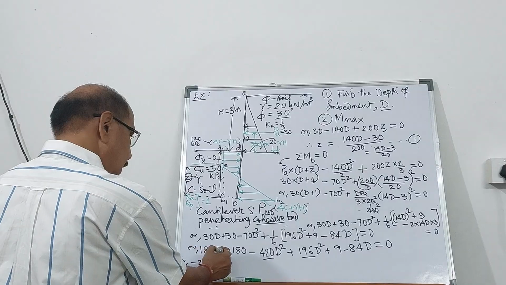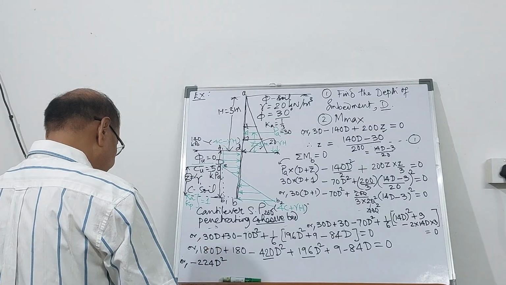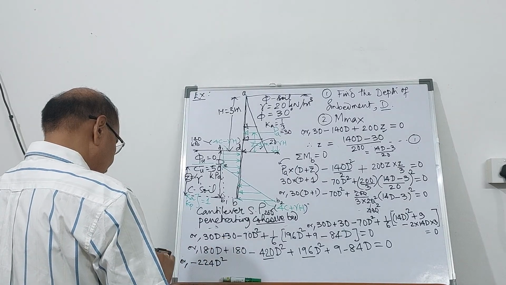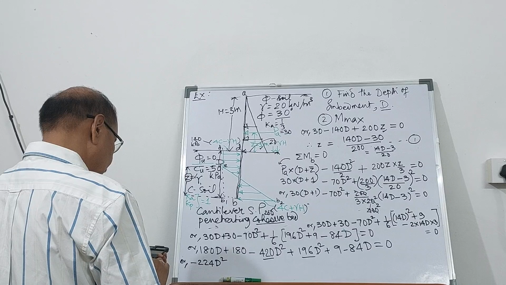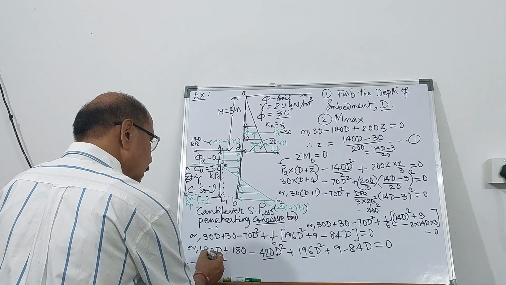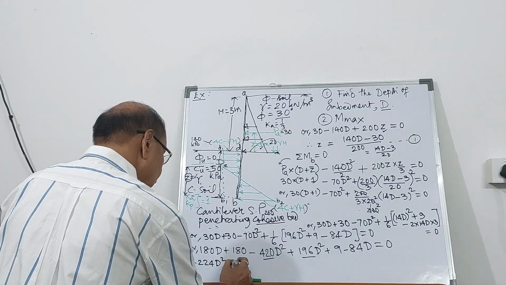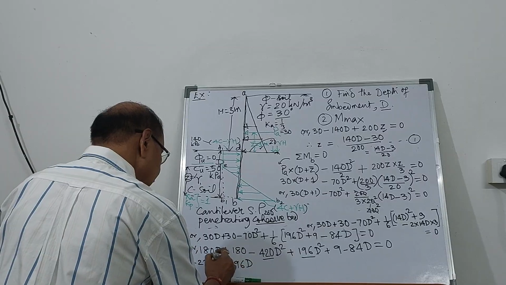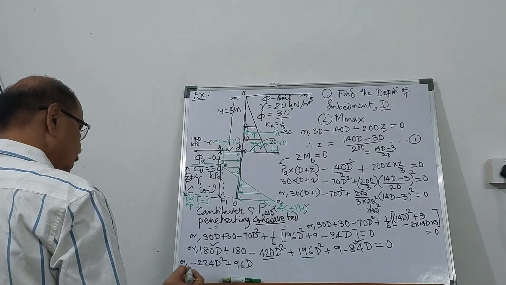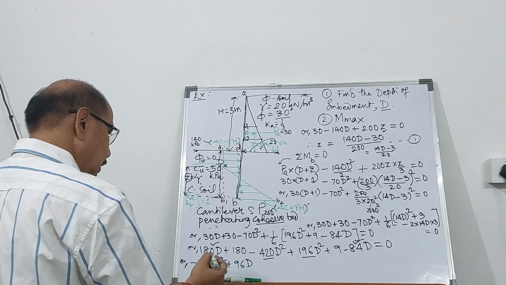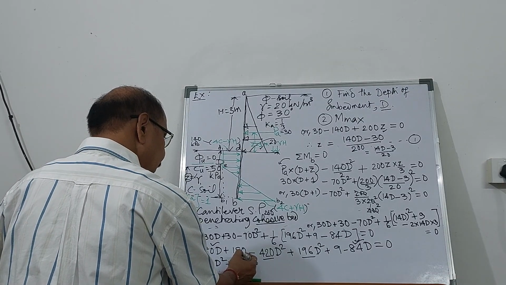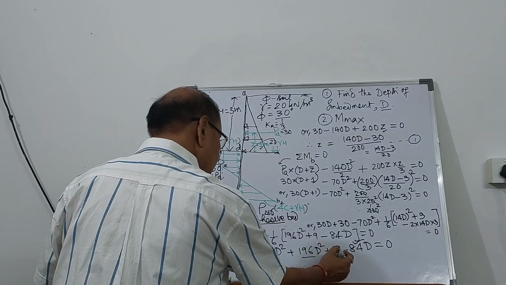Now here it is 180. So take 180 minus 84 equal to 96. So this becomes plus 96d. So this and this is over. Now this is 180 plus 9.